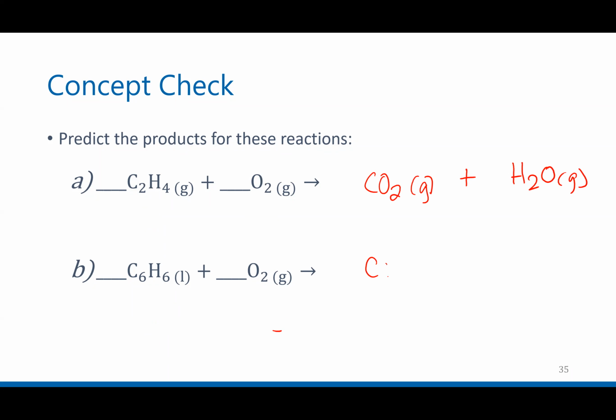If you wrote water as a liquid, I would take that as well. But realistically, you need to remember that this is under high heat. We're combusting these chemicals, so technically, everything is a gas because it's so high temperature.